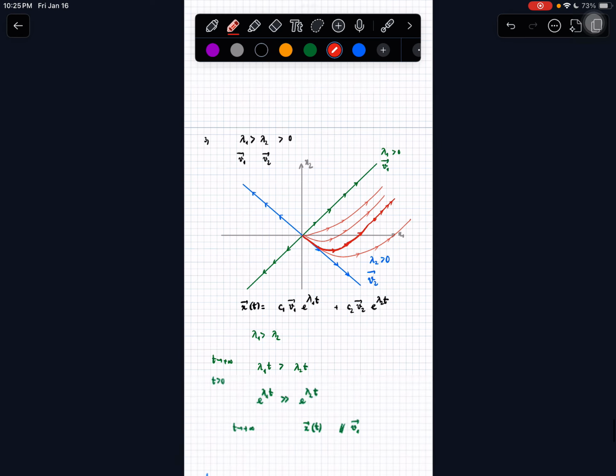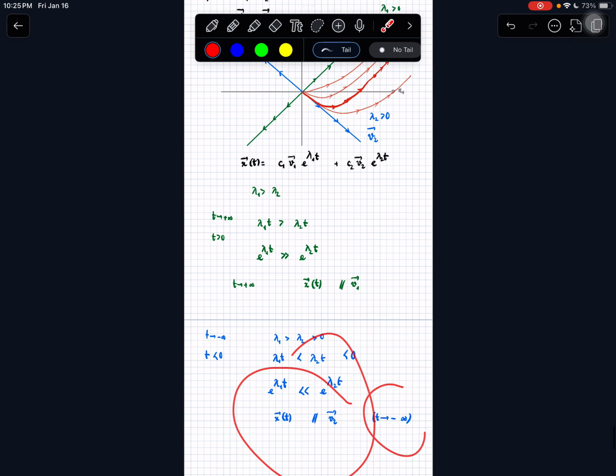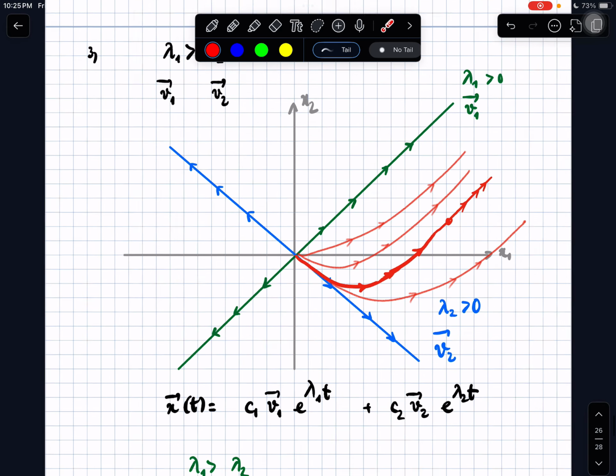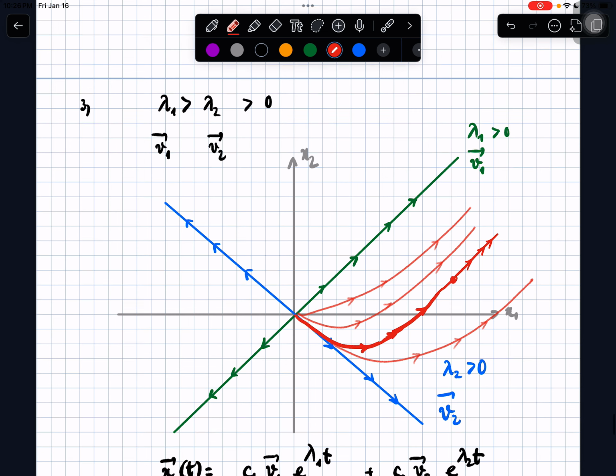Very close to v1 when it is negative, and parallel to the green one when it's positive. So it goes like this.